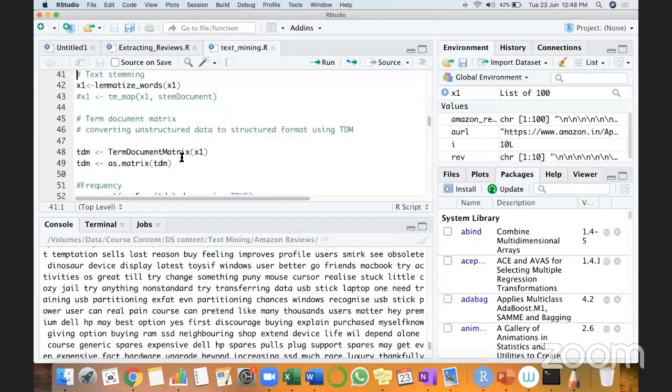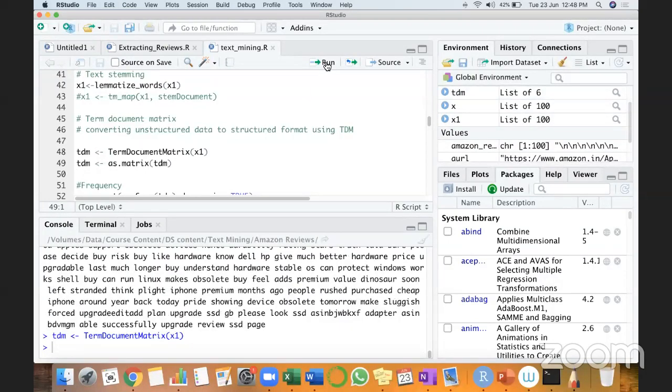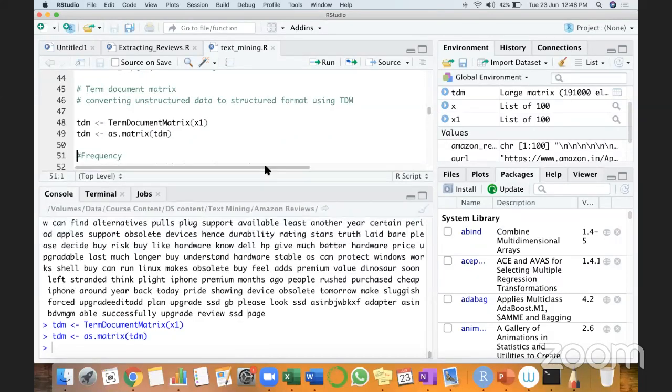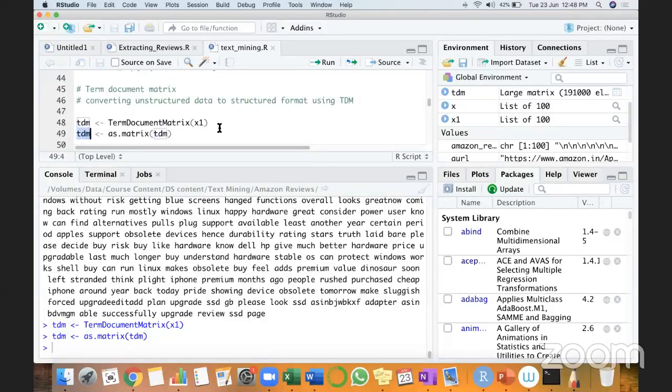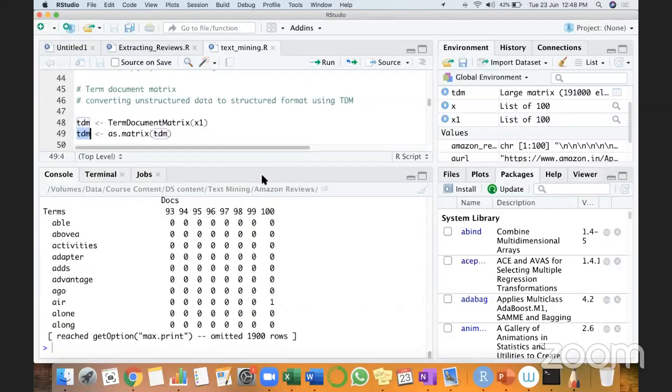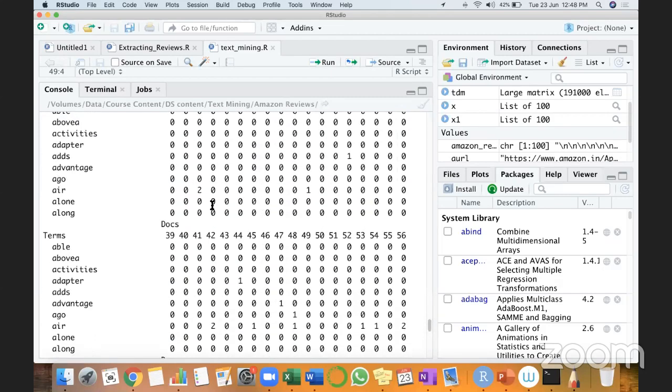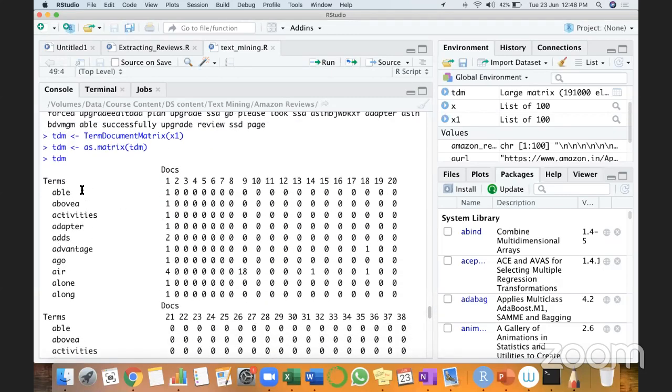Now let us build the term document matrix, TDM. On the columns we have the documents, and on the rows we have terms.